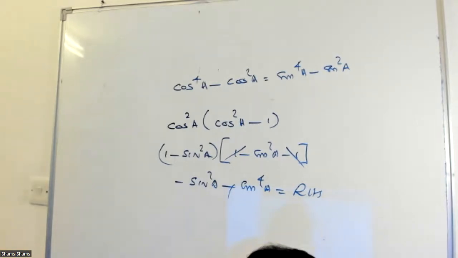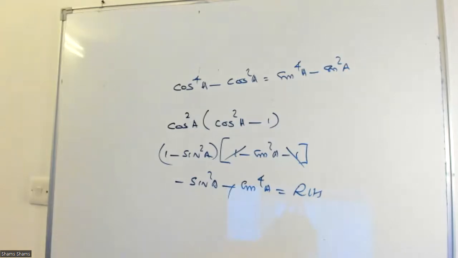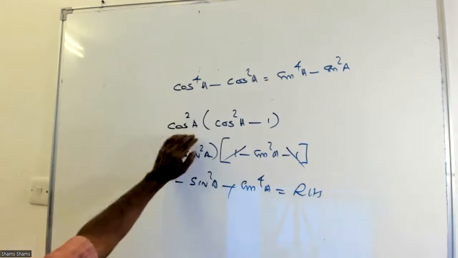Yes, sir. Can you explain that part again? Which part? The 1 minus sin square a. That's why I told you, first you study that. The third line: 1 minus sin square is what? That's cos square a.